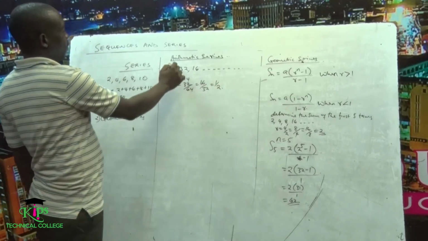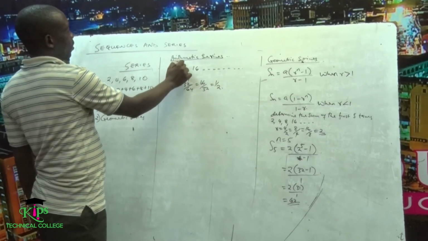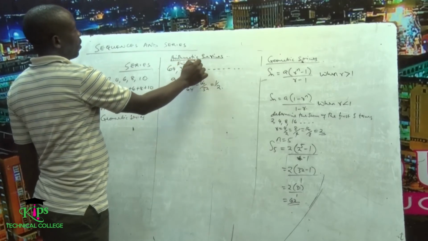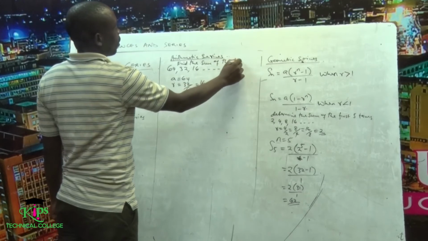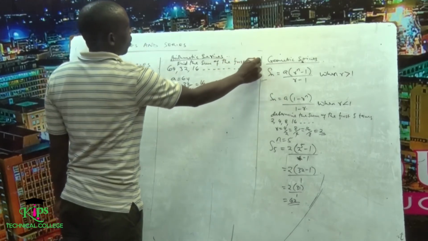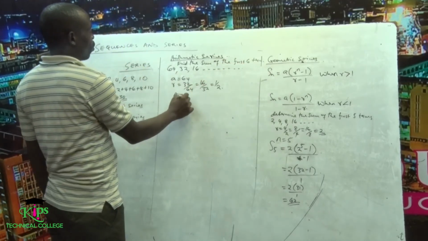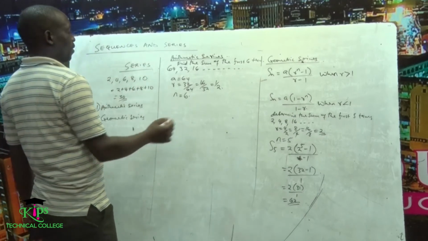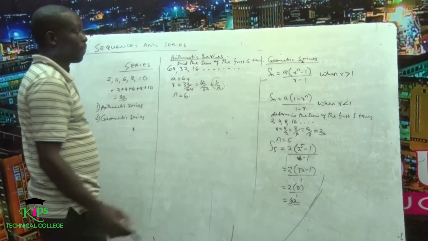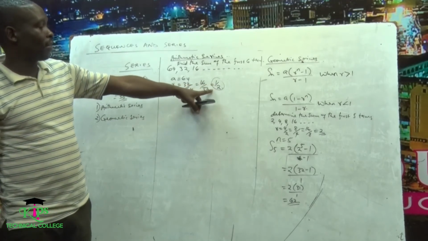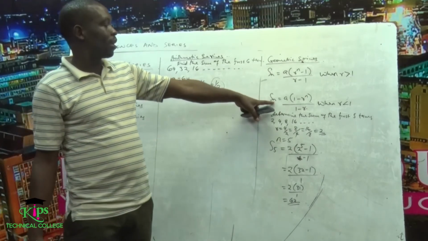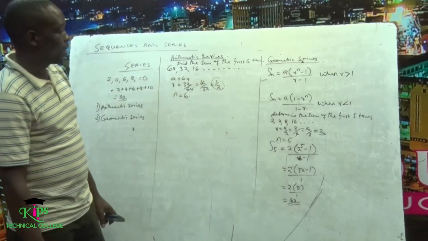And then, if we are finding the sum of the first 6 terms, then our n will be equal to 6. In that case, you can realize that our common ratio is less than 1. And because it is less than 1, we can only use the second formula for calculating the geometric series.